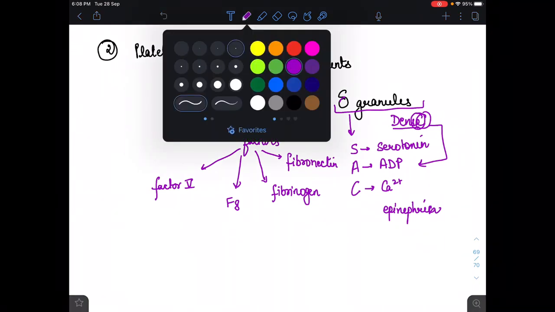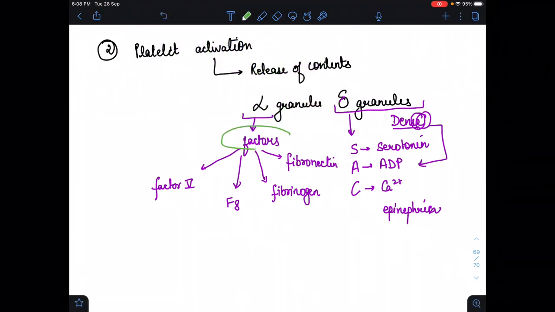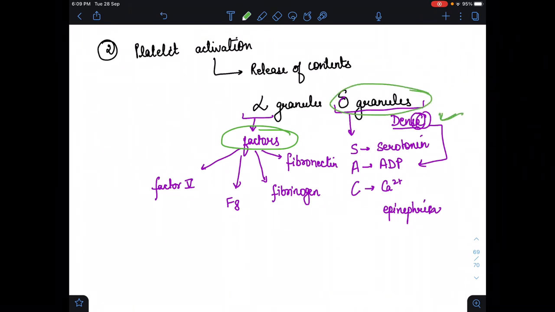Please remember that all the factors are released from the alpha granules, while SAC, or DANS, is released from the delta granules. These are the contents released once the platelets get activated. So this was the second step.